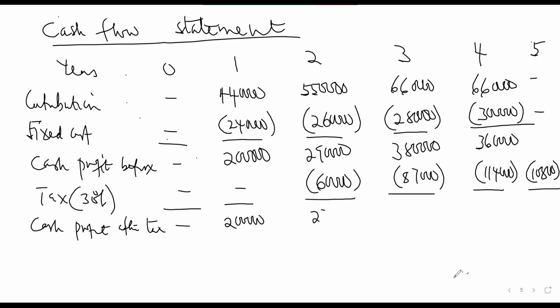This will be 230,000. Then 293,000. Then 246,000. And this will be 108,000.